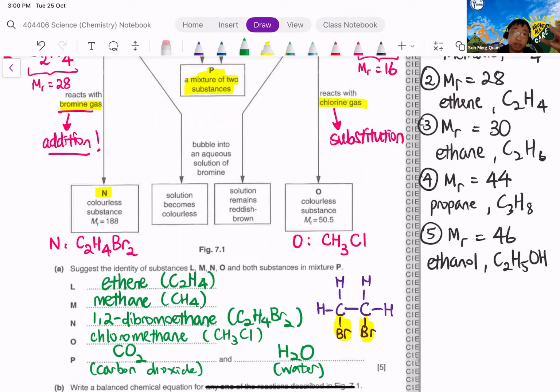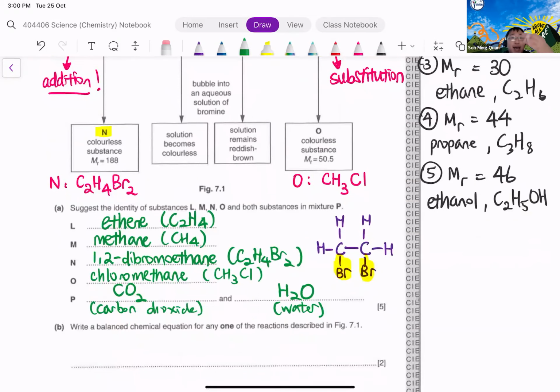Water or water vapor is fine, but make sure you know what is complete combustion. Complete combustion is when something burns in excess air, excess oxygen, and it only produces 2 things, carbon dioxide and water. All right. So with that, writing the equation, I think is quite straightforward.